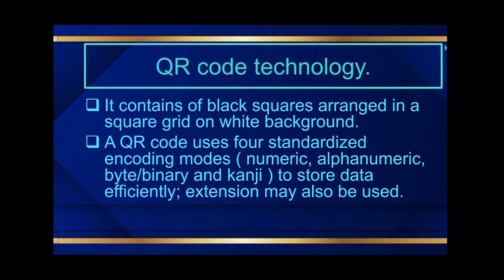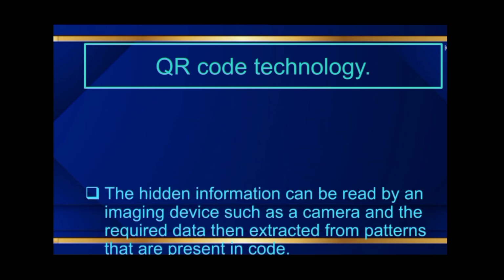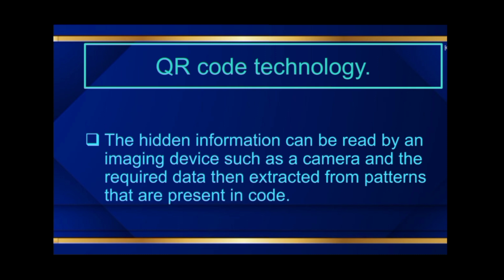Extensions may also be used. Up to 7089 digits and 4296 characters can be entered in one code. The hidden information can be read by an imaging device such as camera, and the required data is then extracted from patterns that are present in the code.